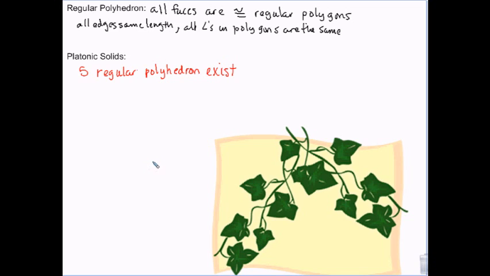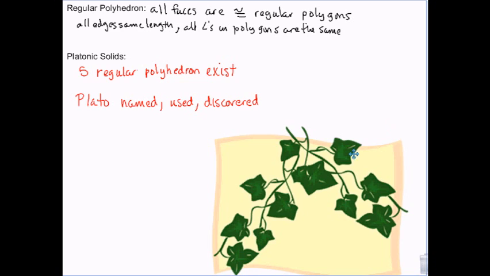Actually, it's probably more than millions, but there's a lot. There are only 5 regular polyhedron. And these are called the Platonic solids, and they're the Platonic solids because of Plato.